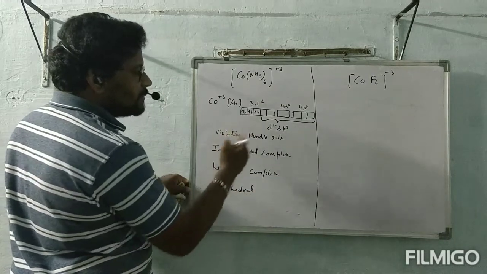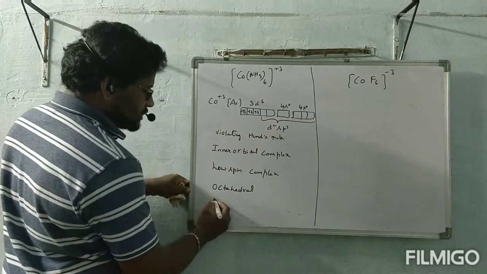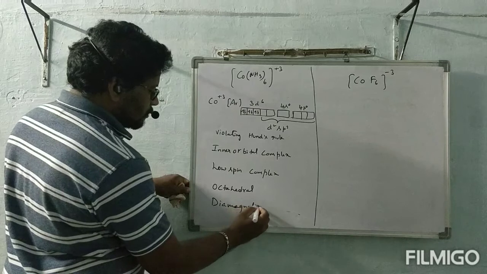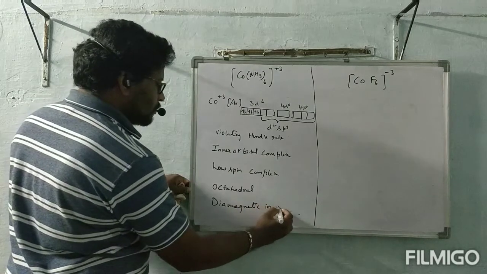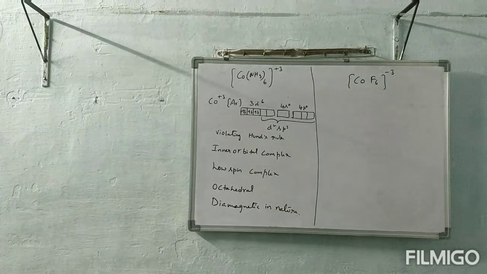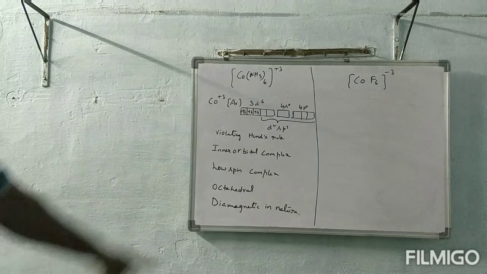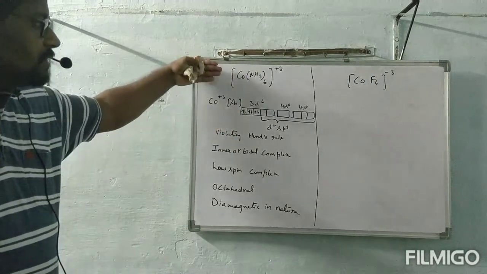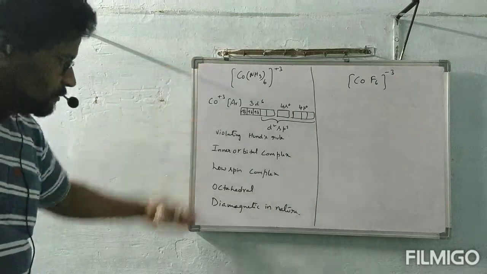This does not contain any unpaired electron, so it is diamagnetic in nature. If the substance does not contain any unpaired electron, then it is diamagnetic in nature. Observe correctly, Co(NH3)6 3 plus: this is the useful data I wrote on the board.